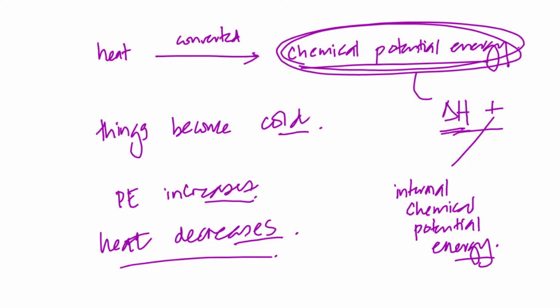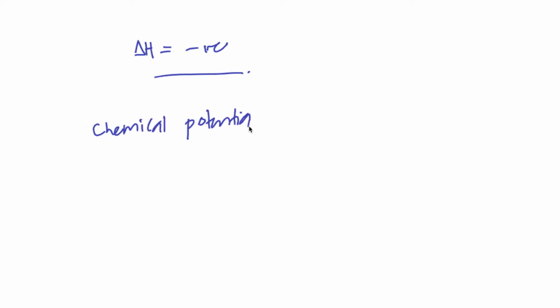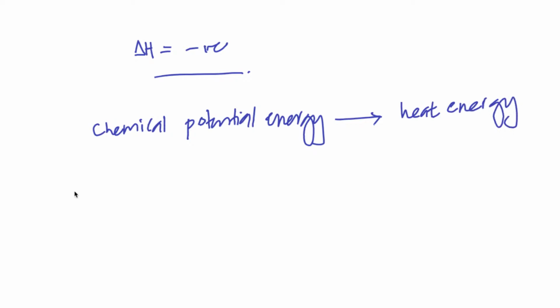Yeah. So now if this was an exothermic reaction, it would be the opposite. So in an exothermic reaction, you know, delta H is given as negative. Why? Because their chemical potential energy is converted to heat energy.